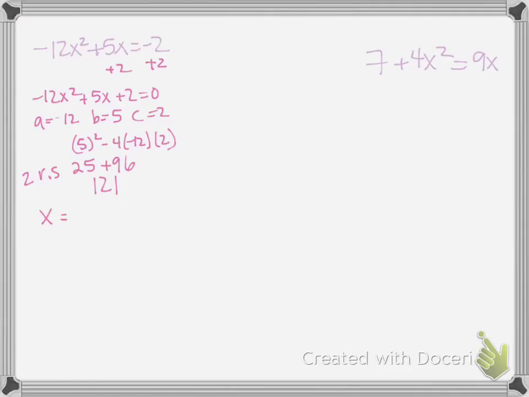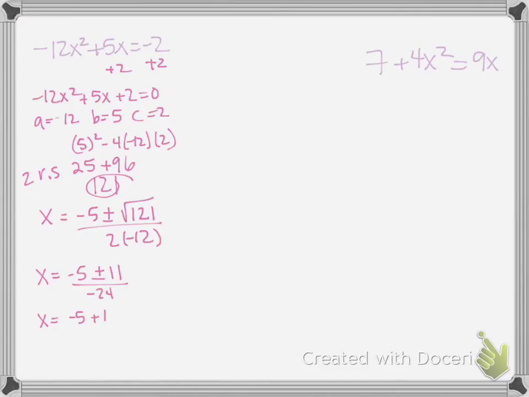So I got x is equal to negative b plus or minus the square root of that number over 2 times my a. X is equal to negative 5 plus or minus the square root of 121 is 11. 2 times negative 12 gets me negative 24. And then we go into our split since we were able to square root. So I've got the positive 11 side and the negative 11 side.